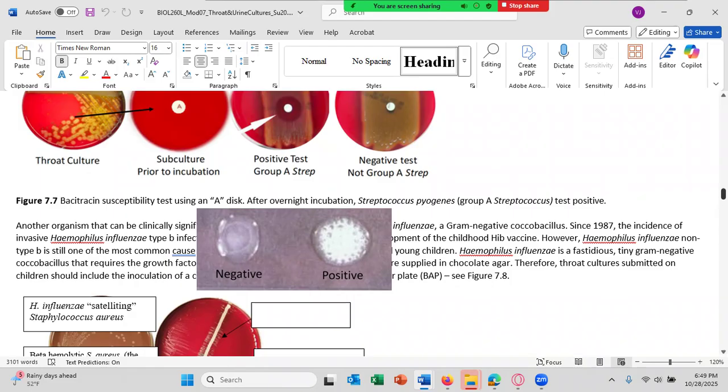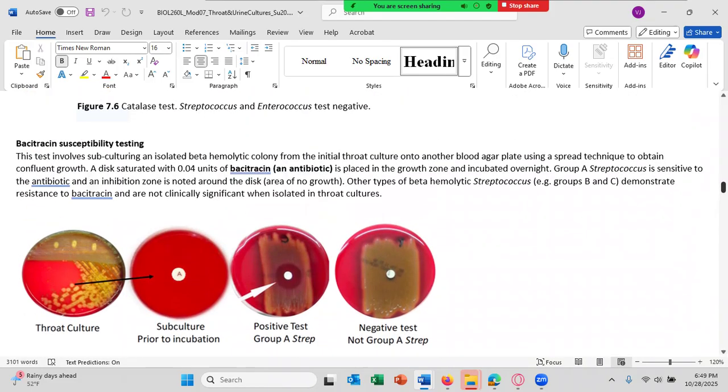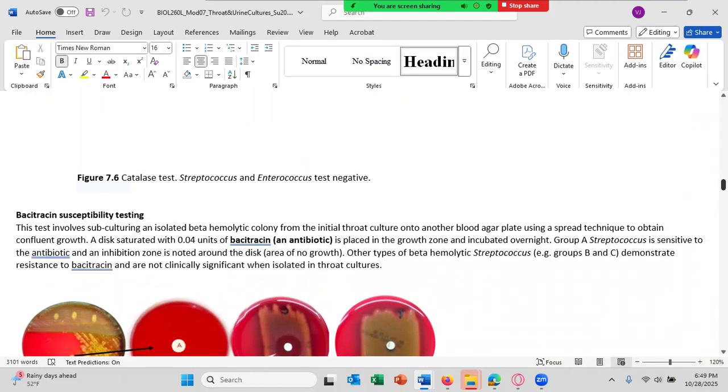All right. And then the second test you use is the bacitracin sensitivity test.